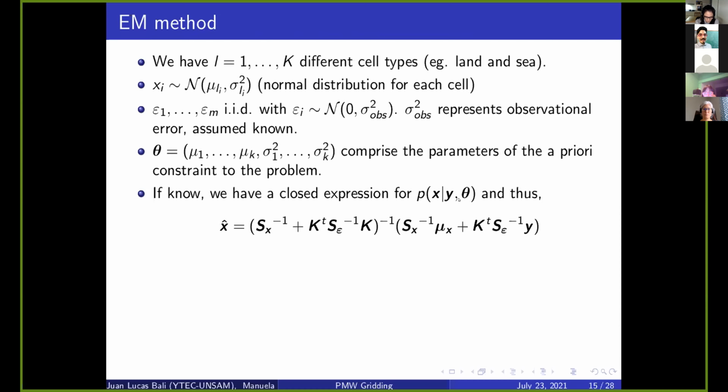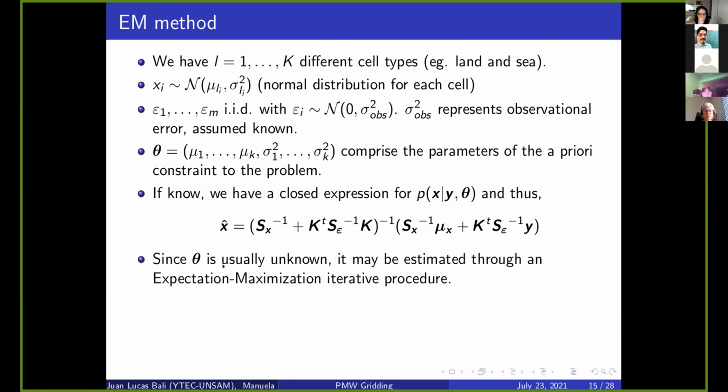If you know the real values of the parameters, using Bayes' theorem you can get an expression for P, obtain the mode, and have this solution, which is quite typical from discrete inverse problems. Essentially, Sx will mean the covariance matrix of the cell type, which, if you know theta, is everything here will be known.